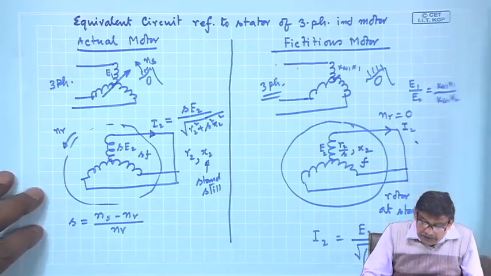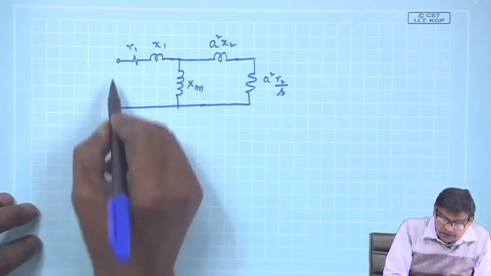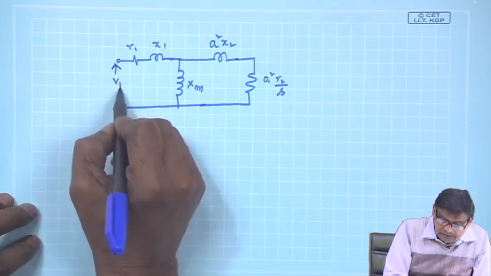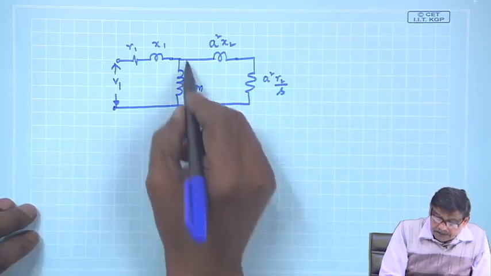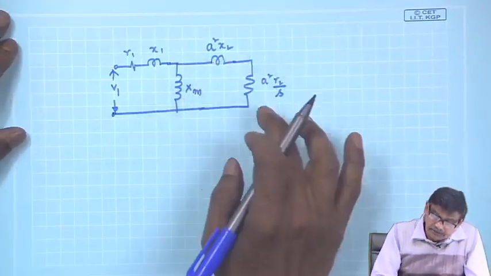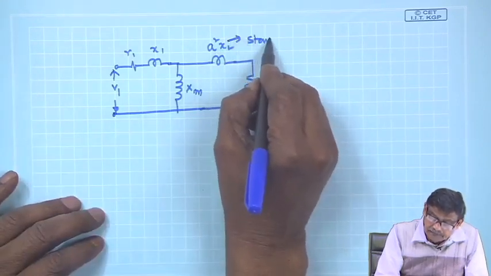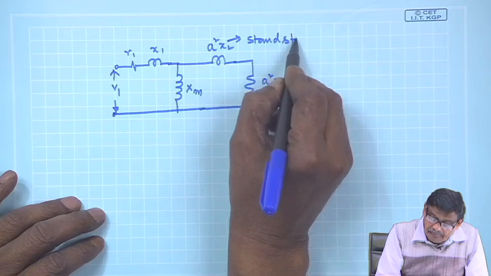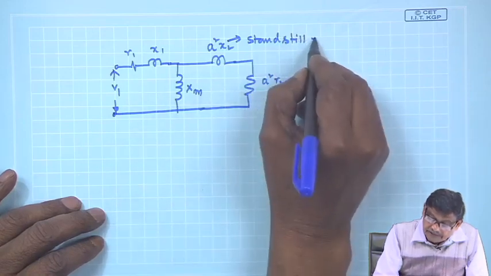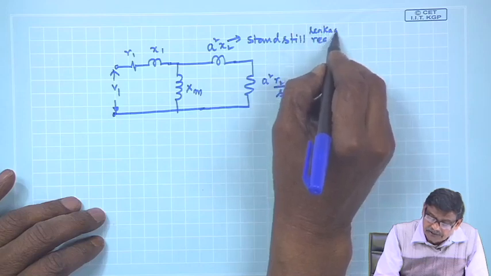Anyway, think about it. Once this is done, then I am comfortable. Okay, this is your applied voltage V 1 and this is your magnetizing reactance X m, this is S square X 2. What is X 2? Standstill leakage reactance. These are small leakage reactances.